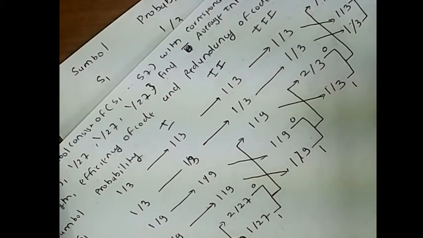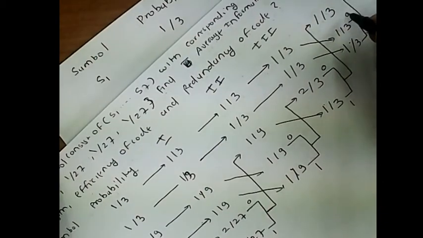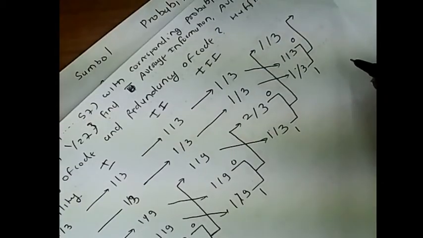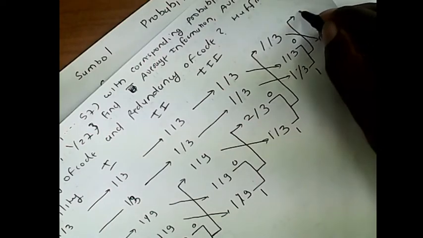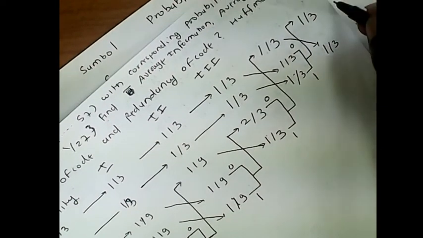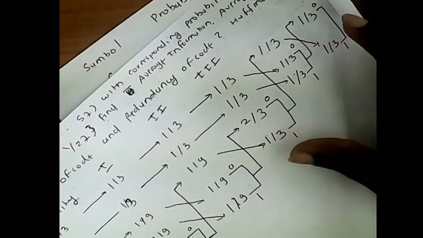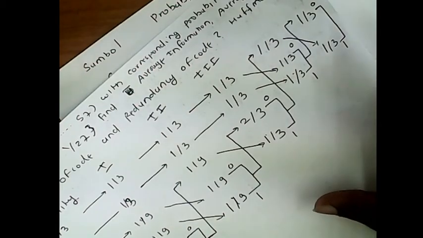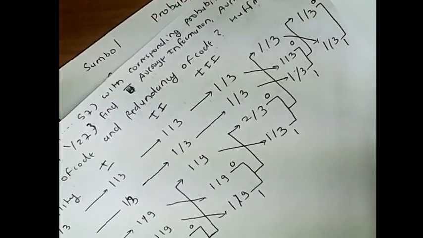Add again these two lower probabilities, give 0 and 1, with 1/3 here and 1/3 here. Again add these two lower probabilities, assign 0 and 1. We can stop here when only two probabilities remain. Then combine, giving 0 and 1 bit.